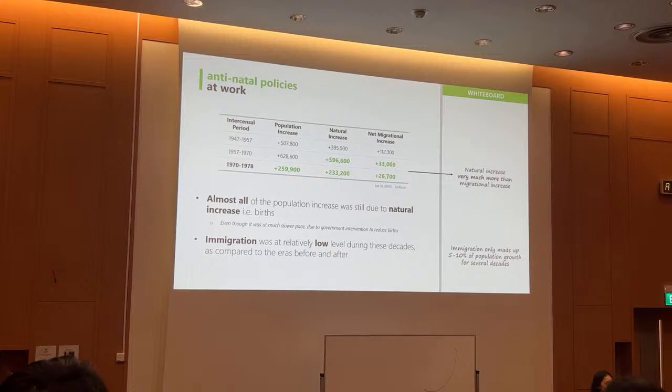So at that time, there was still significant population growth in Singapore, and almost all this growth was due to babies, even though at a slower pace due to the effects of government policy. As you can see, for quite a number of decades, migration was at a low end. It typically occupied just about 5 to 10% of population growth for this period.